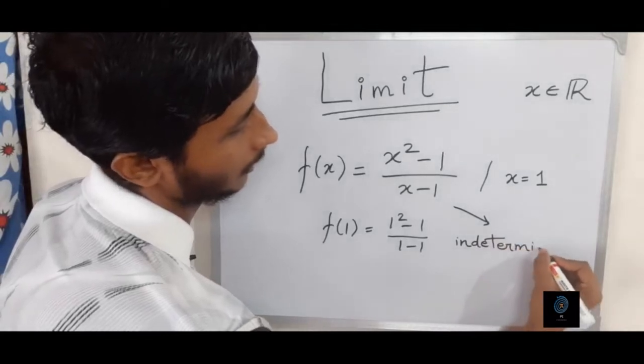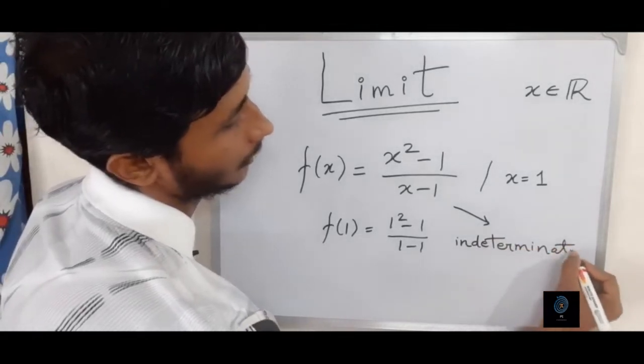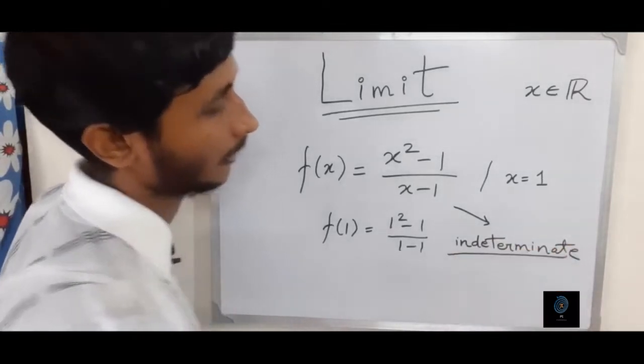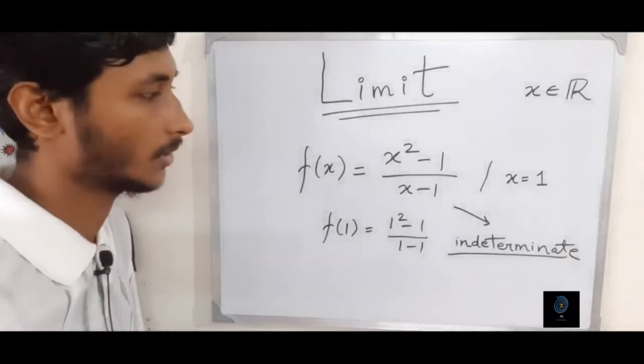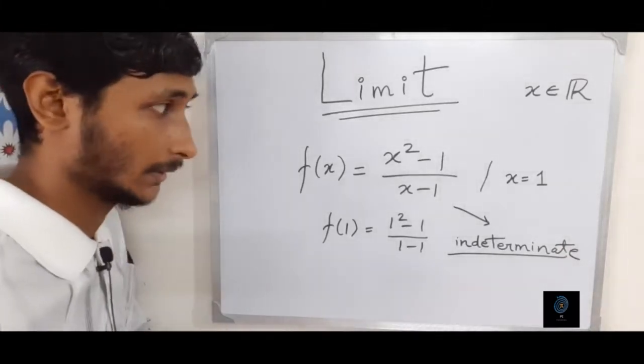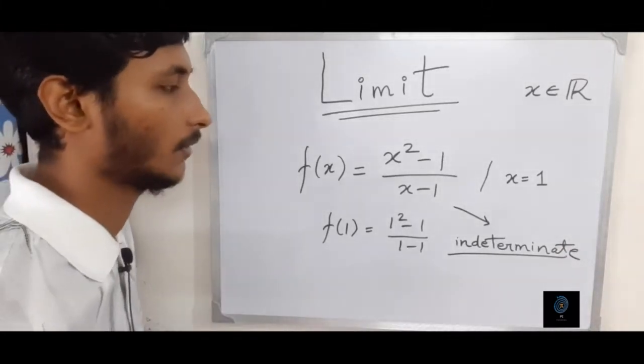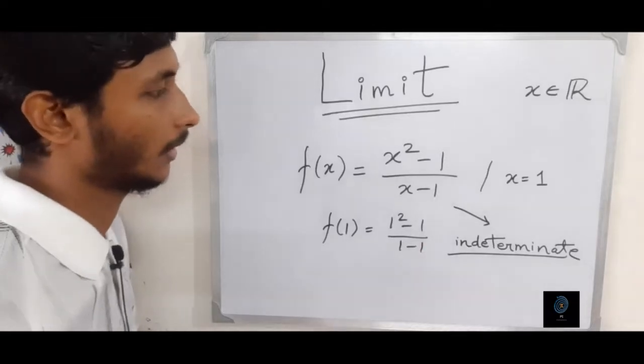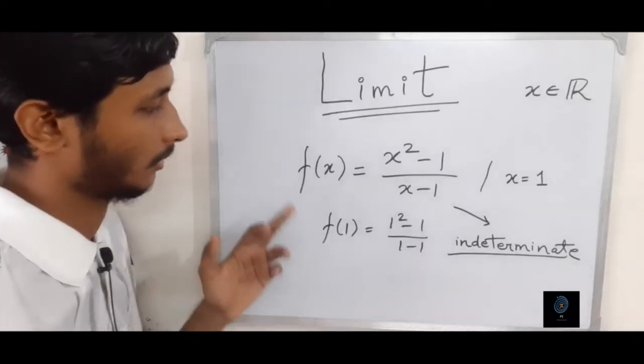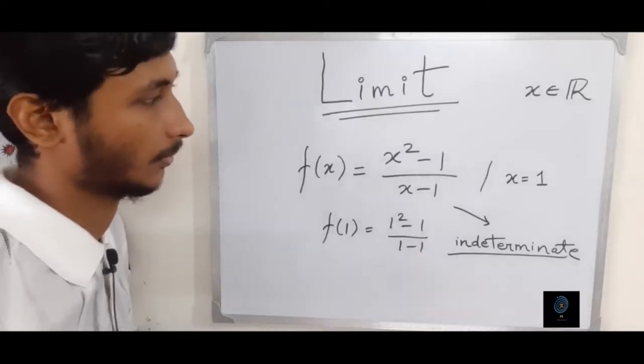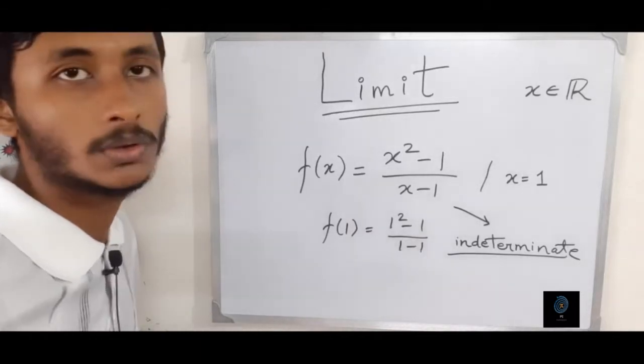That is, we cannot determine it. So there may occur a situation where you may not know the exact value of the function at this point, but you want to make some idea of the value of this function at that point. So what to do in those situations?